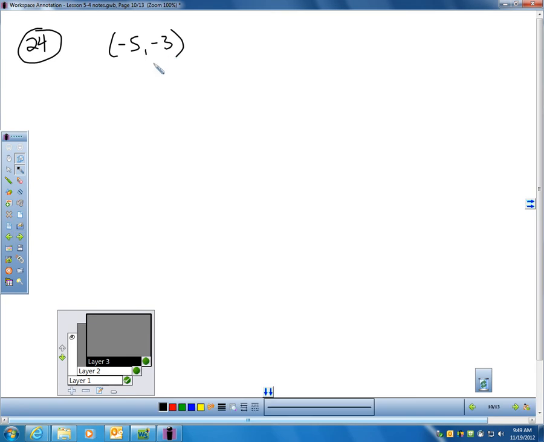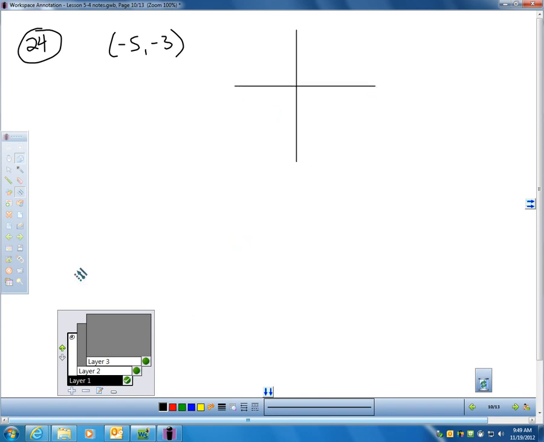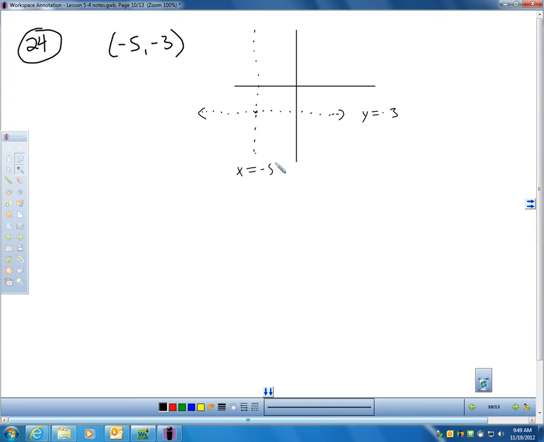So when you do number 24 and you have negative 5, negative 3, remember, this is in my head. I'm not actually doing this on paper. In my head, I'm thinking, oh, I have graph paper, and the point negative 5, negative 3 is over here somewhere, which means the horizontal line going through that point from left to right is down here at negative 3, and the vertical line going through that point is over here at negative 5.